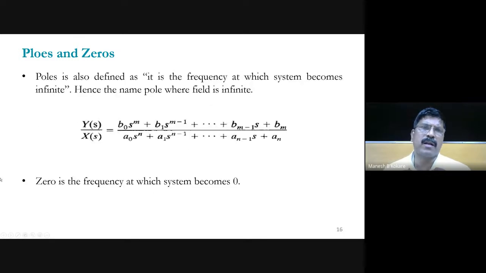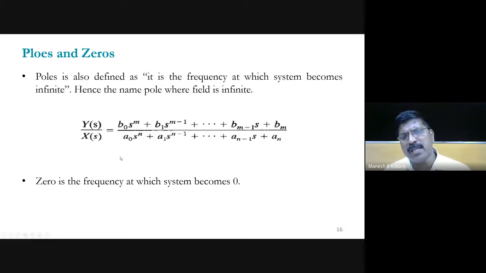Now, a pole is also defined as a frequency. Poles are nothing but the roots of this denominator. Suppose, for example, you get 5 poles or 5 roots. It is also defined as the frequency at which the system becomes infinite. For example, if I have s plus a1, s plus a2, and s plus a3, then I have 3 poles.